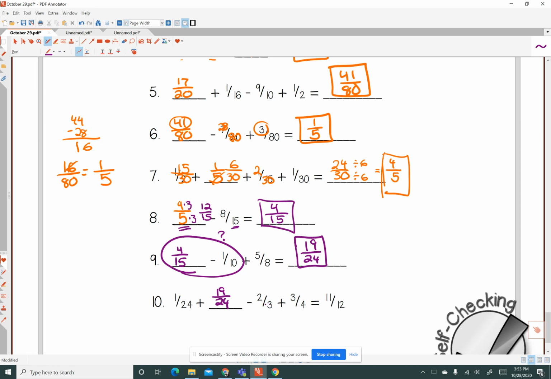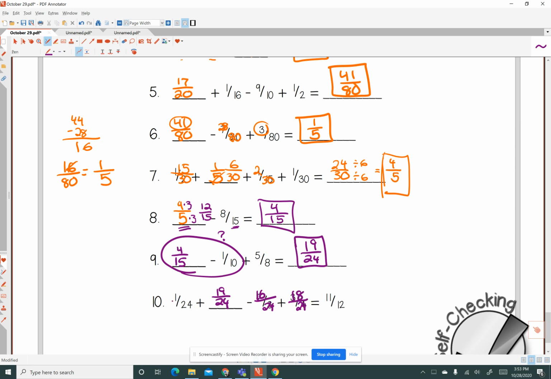So if we make this 24, 24 divided by 3 is 8. 2 times 8 is 16. We make this a 24. 24 divided by 4 is 6, and 6 times 3 is 18.